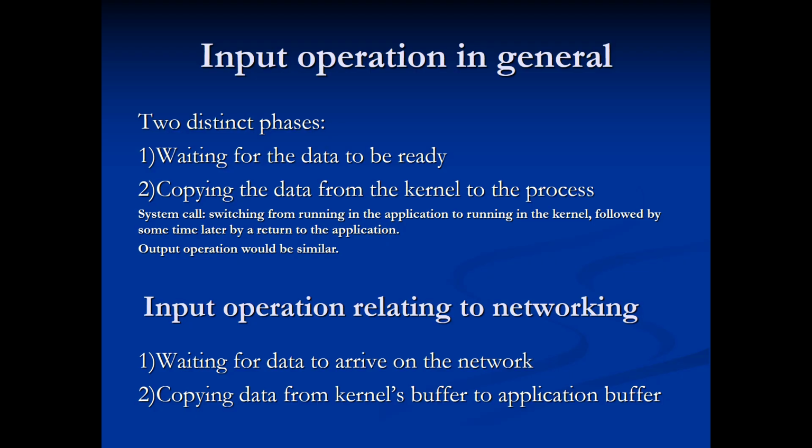You could analogously say the input-output operation relating to network is the same, except now you're waiting for the data to arrive on the network. So you're waiting for that data to arrive from the network interface card into your machine, at which point the second phase can happen. You're copying the data from the kernel buffer to your application buffer.